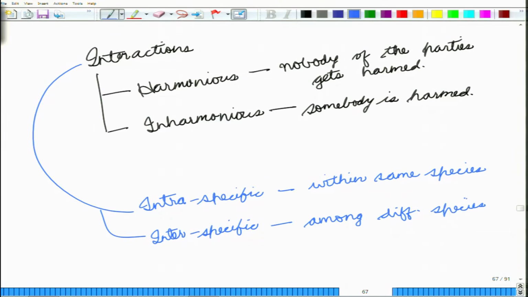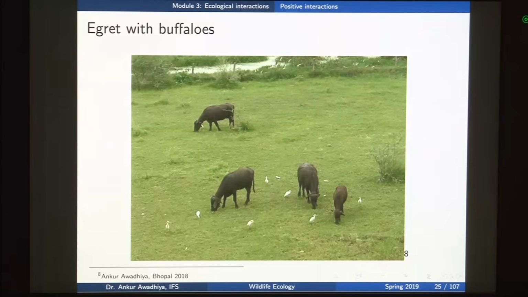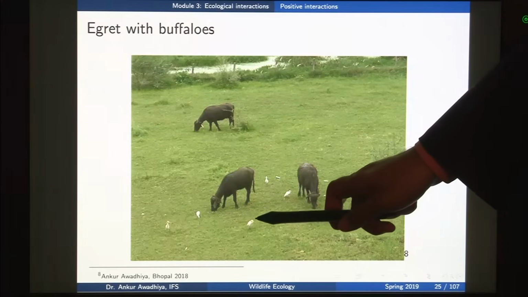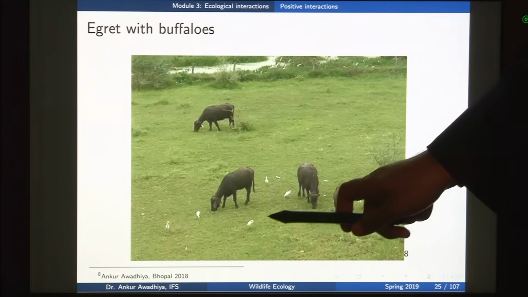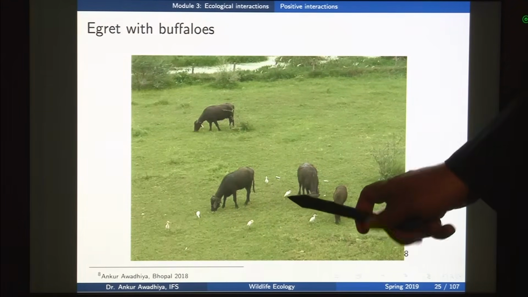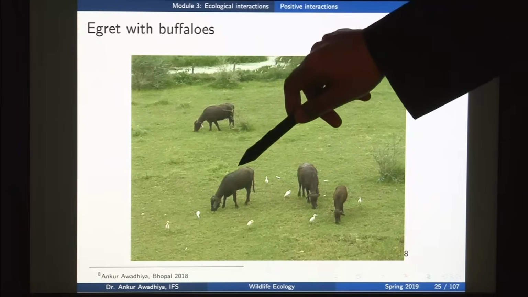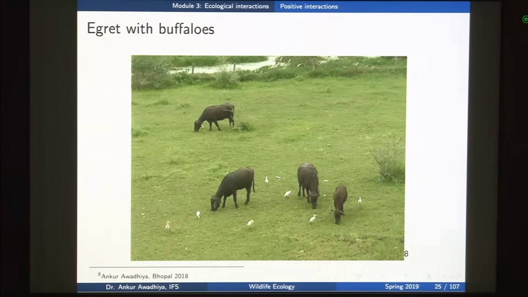So, for instance, in this image, if we have an interaction between this egret and this egret, that is an intraspecific interaction, or between this buffalo and this buffalo, this is an intraspecific competition, an intraspecific interaction.